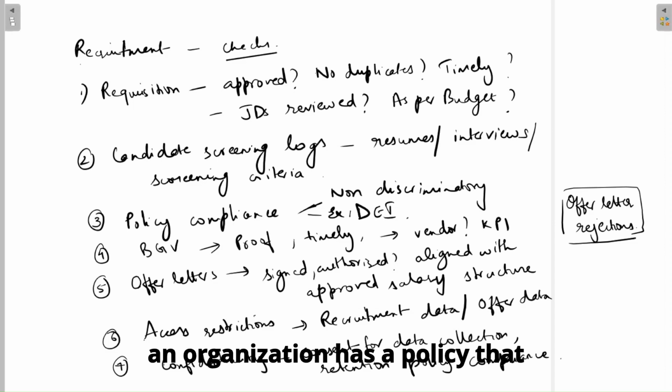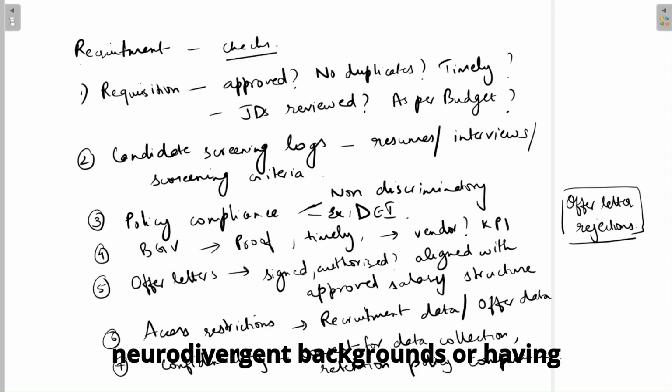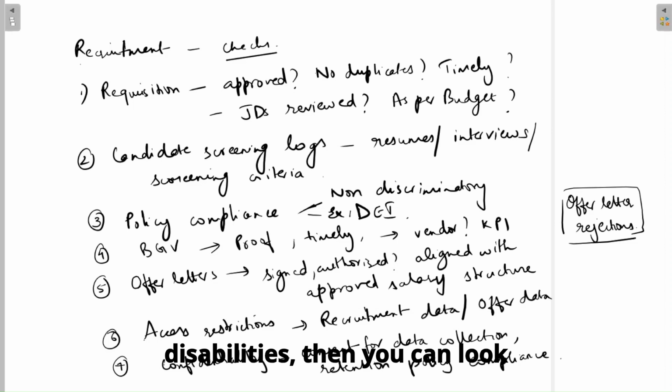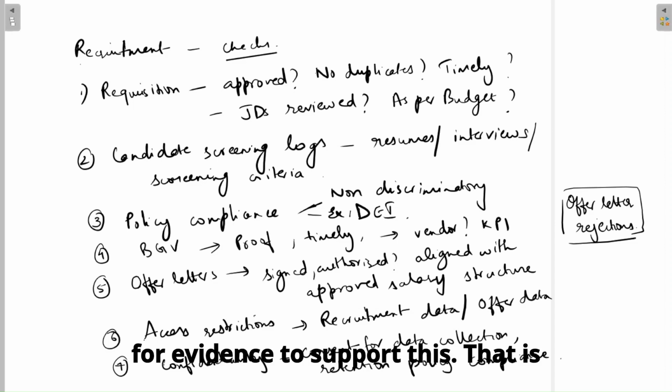For example, if an organization has a policy that it will give fair chance or equal opportunity to women candidates or candidates from neurodivergent backgrounds or having disabilities, then you can look for evidence to support this. That is, what is the organization doing to ensure recruitment across a diverse pool, or at least ensure that such candidates are not being barred from initial screening itself.